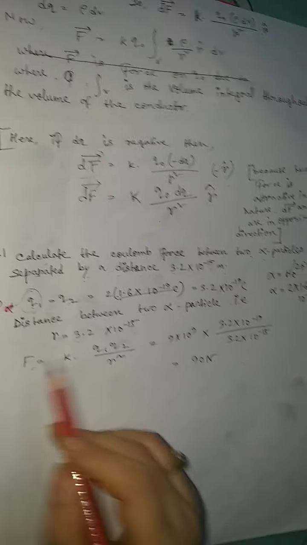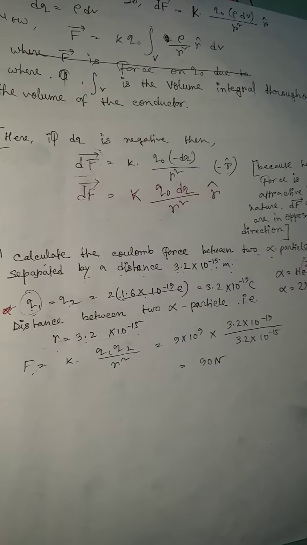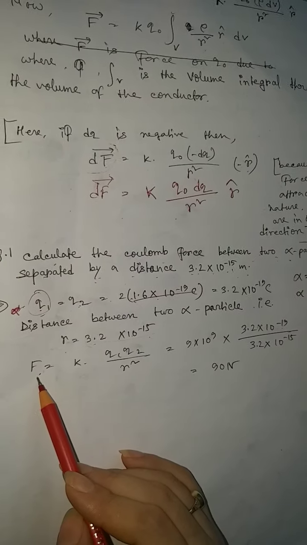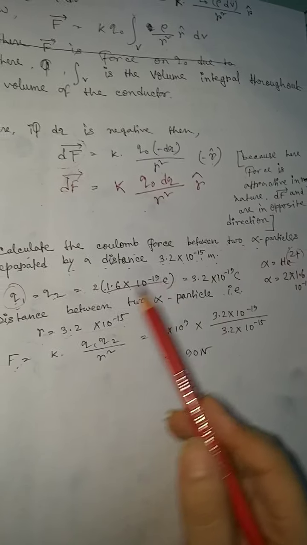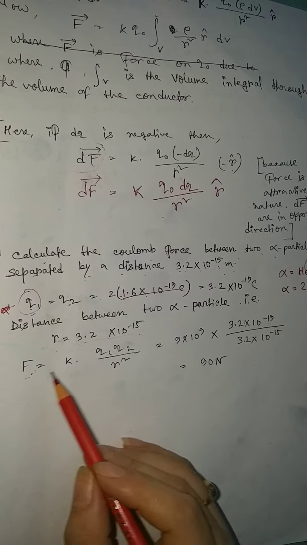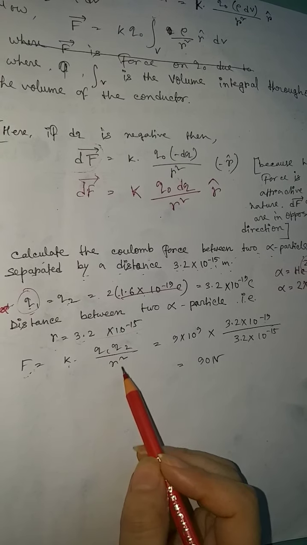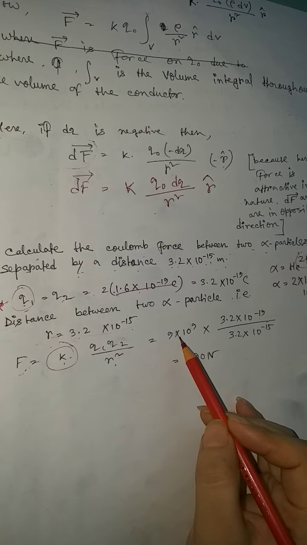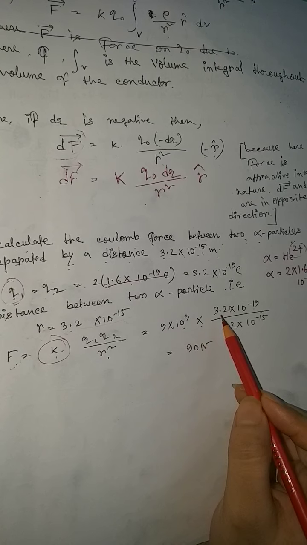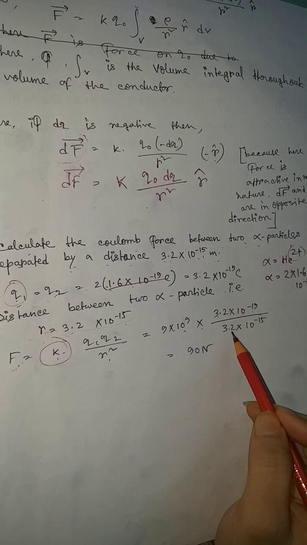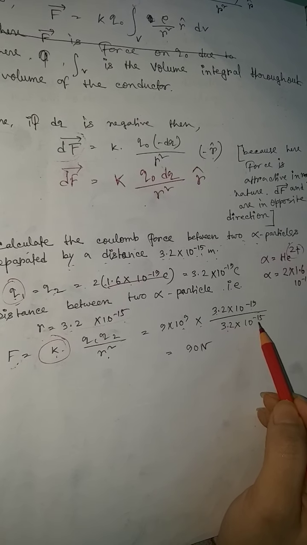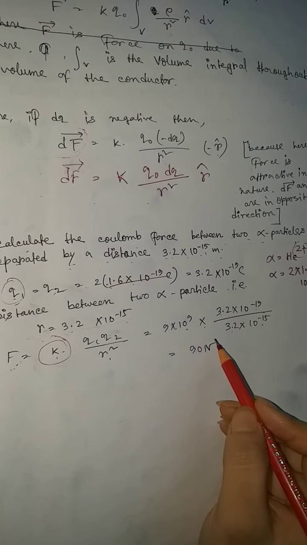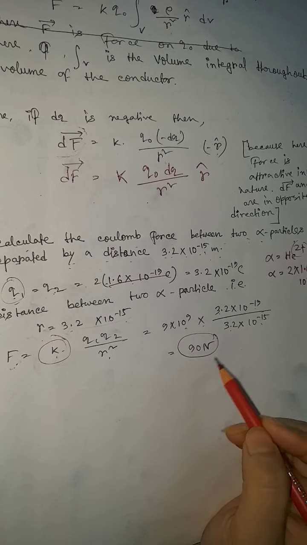The force between the two alpha particles is obviously repulsive in nature because both have the same charge. So F equals K into Q1 Q2 by R square. The value of K is 9 into 10 to the power 9, so we substitute the values, and then we get 90 Newton.